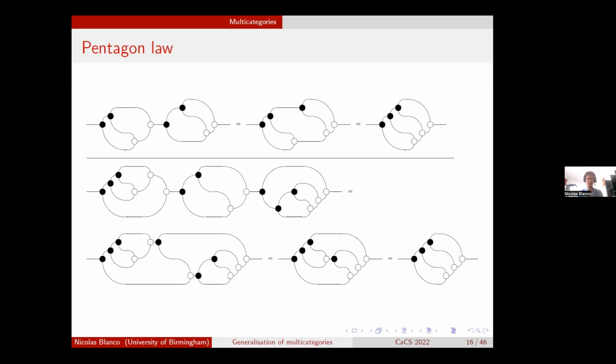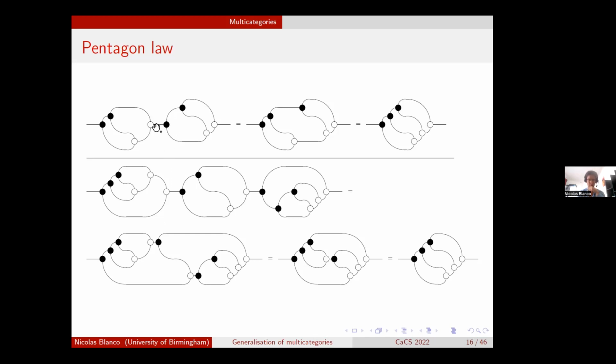And using this graphical notation, you can, for example, prove that the pentagon law holds for this, and it's actually a monoidal category. So this is one side of the pentagon law. This is another side. I won't go into the details of why, but basically you can use this equational theory to prove that both of them are equal to this thing, and so are equal. And the idea is that every time I have an introduction followed by an elimination, I will remove it.